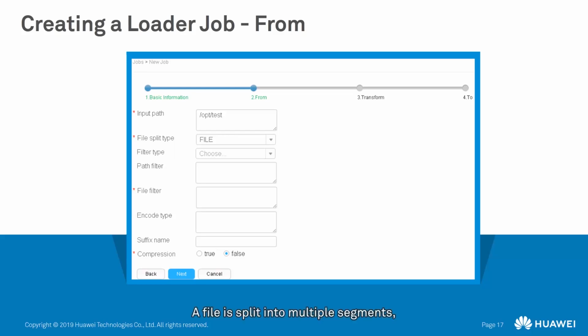A file is split into multiple segments, which are read by different map jobs. Usually, file is recommended when the original file name needs to be reserved, and size is recommended when the original file name does not need to be reserved, or when a super large file is to be processed.